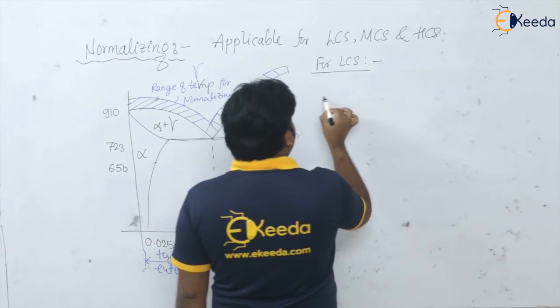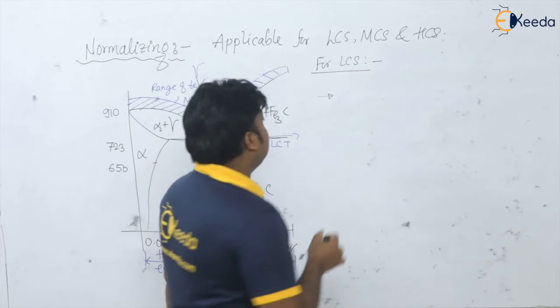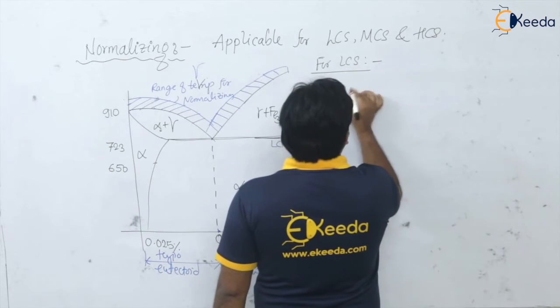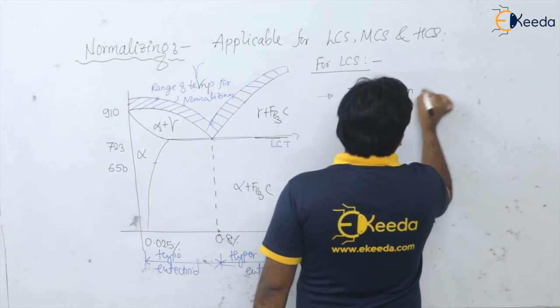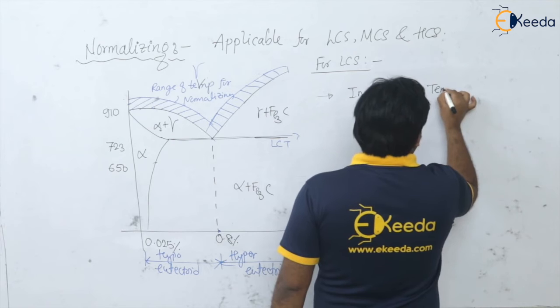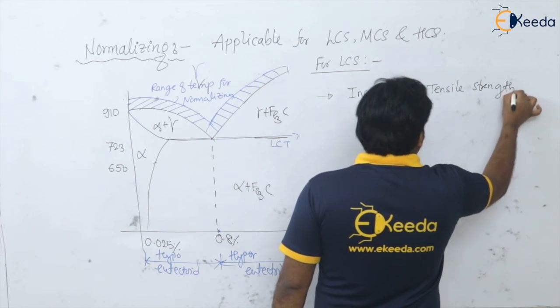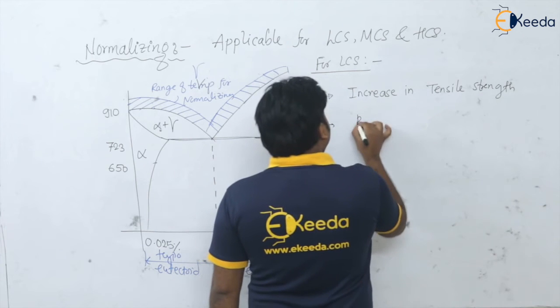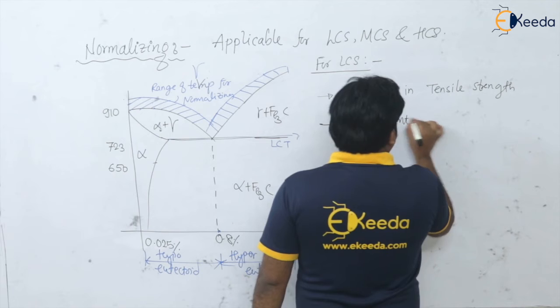Okay, so please see, when normalizing is applied to low carbon steel, there will be an increase in the tensile strength of this low carbon steel. There will be refinement of the grains.